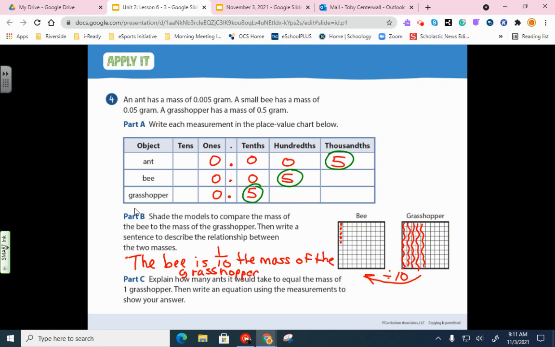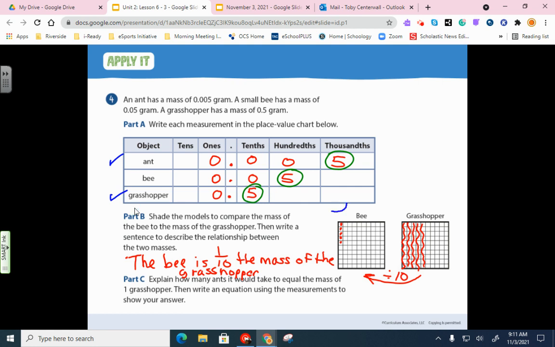Part C, explain how many ants it would take to equal the mass of one grasshopper. Then write an equation using the measurements to show your answer. It's like this. Let me use blue. So we're comparing this ant and this grasshopper.